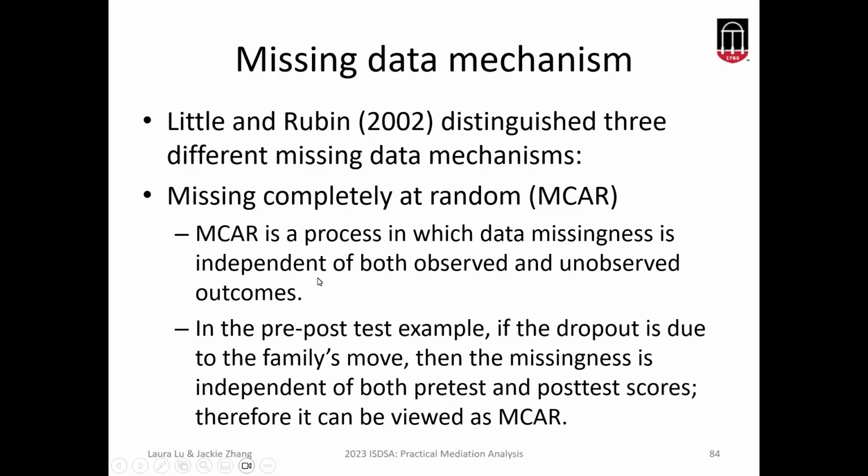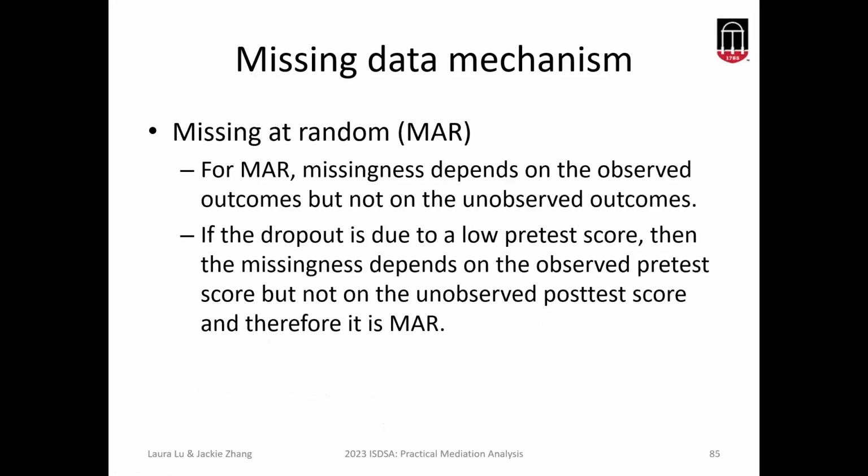So it is independent of both observed and unobserved outcomes. It's just completely at random. For example, if in the post-test some people just disappear, and the missingness is independent of both pre-test and post-test scores, then we can say that the missing mechanism is missing completely at random.